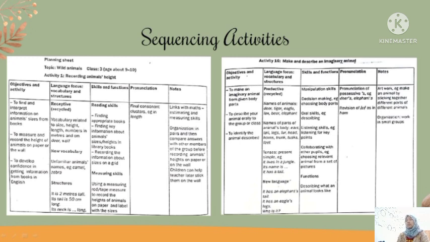Then if you choose activity 1, you could precede it with an activity where children first estimate the heights of a chosen group of animals. In activity 1, they could then check if their estimates were correct or not. After they had completed activity 1, they could practice making oral or written comparisons.